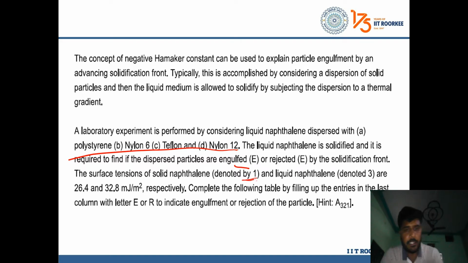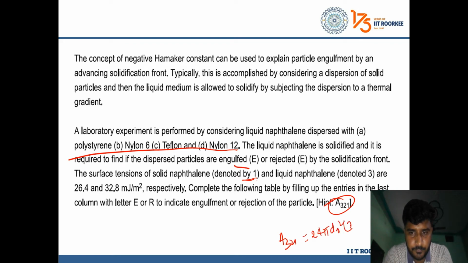Basically what you have to do is expand this Hamaker constant term, that is A321, like this. The gamma 3 and gamma 1 values are already given here, and for gamma 2, I think the table is missing from this question.